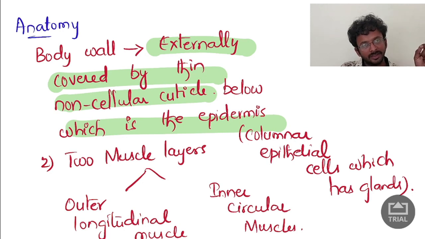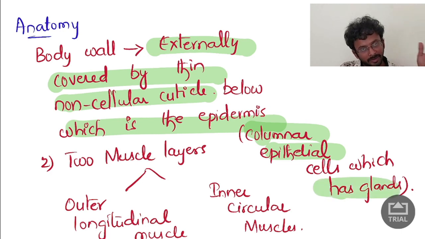This epidermis is lined with columnar epithelium, which has some glands in it. I repeat, the body wall is externally covered by a thin non-cellular cuticle, below which the epidermis is present, containing columnar epithelial cells which secrete glands.